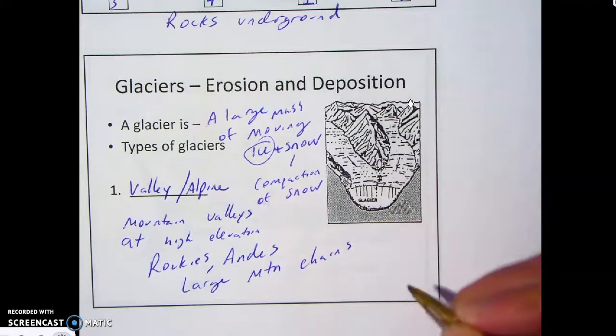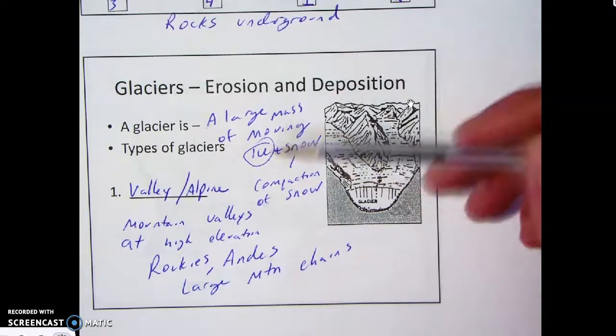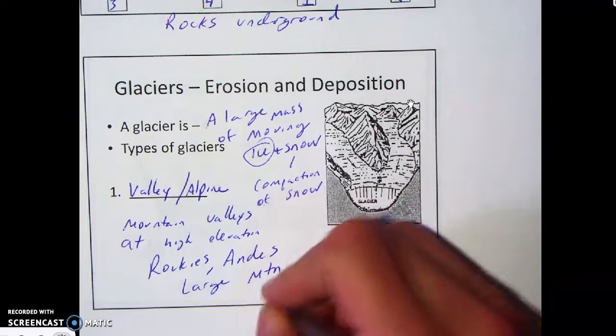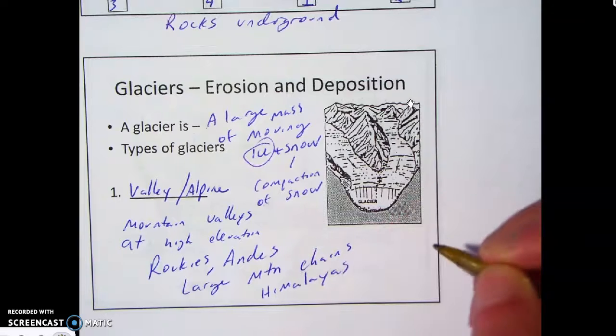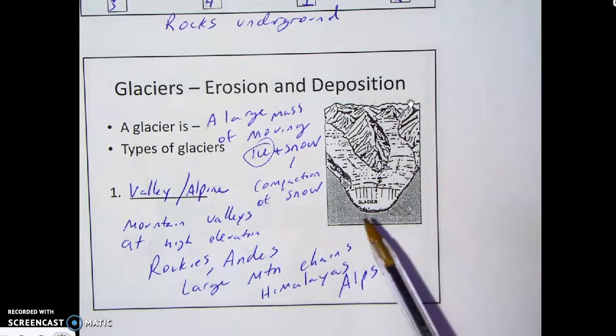There are even glaciers in Africa. Even though it's near the equator and warm there, at high altitude, we could still have glaciers. So we have the Rockies, the Himalayas, of course, the Alps, right? So there's many places around the world where we have these alpine or valley glaciers.